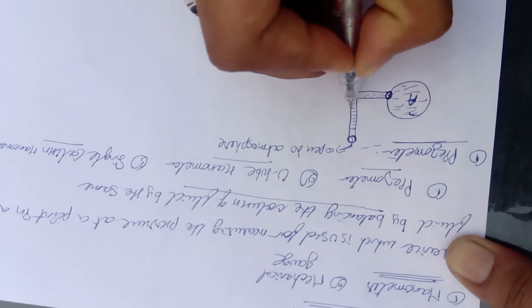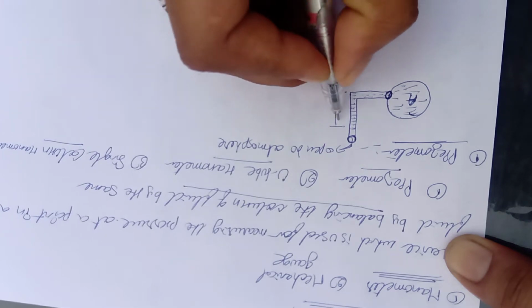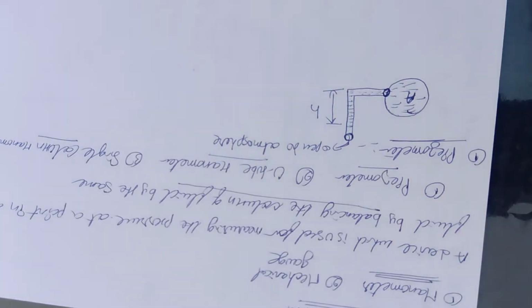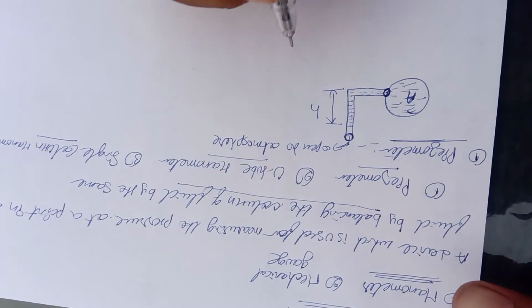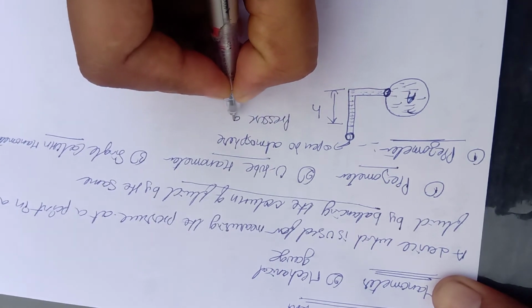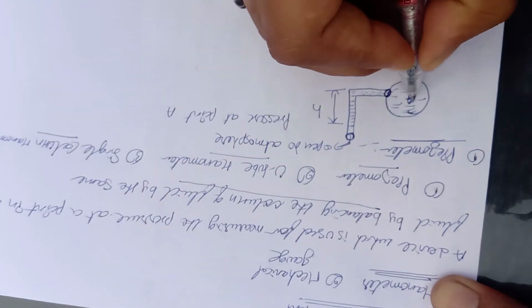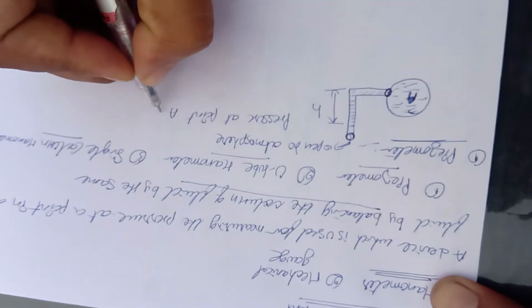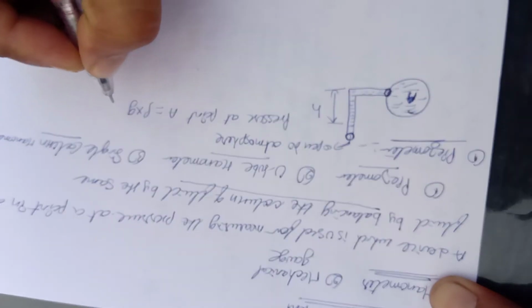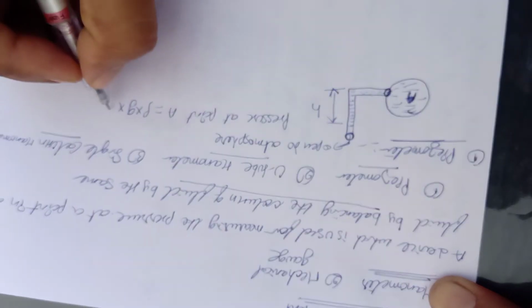Let that level of rising of the liquid be H. Then the pressure at point A would be density of water rho into g into the height to which the liquid has risen, so h.